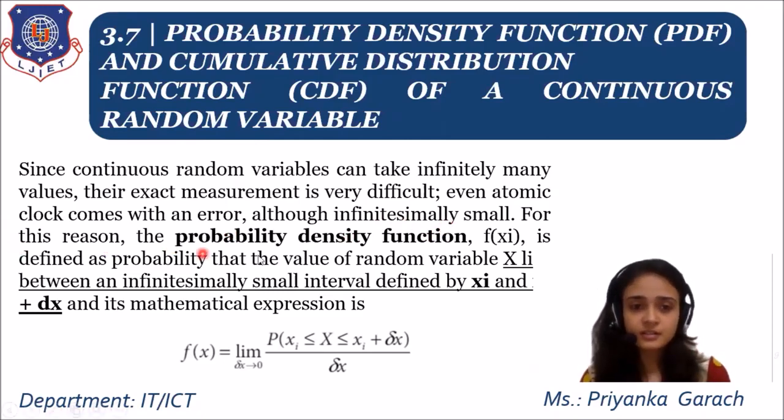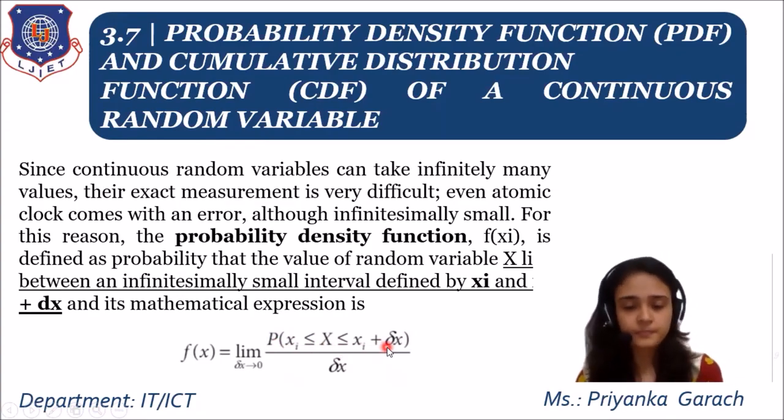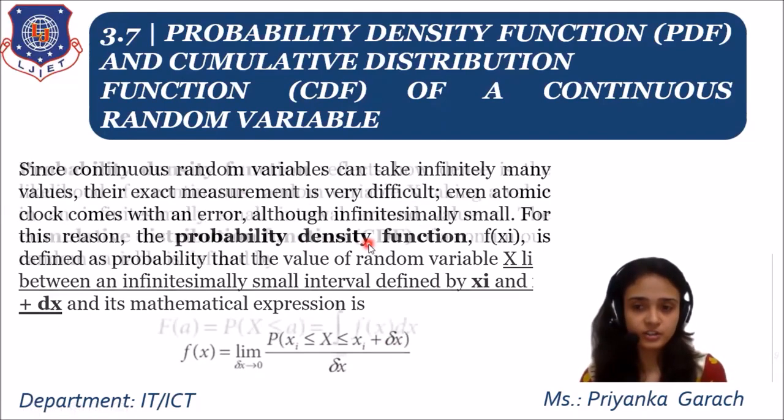For this reason, the probability density function, that is f of xi, is defined like this: suppose that the value x lies in an infinitesimally small interval defined by xi and xi plus dx. So I can write the formula like this, where the probability that the x value lies between xi and xi plus delta of x. This is the formula of the probability density function.